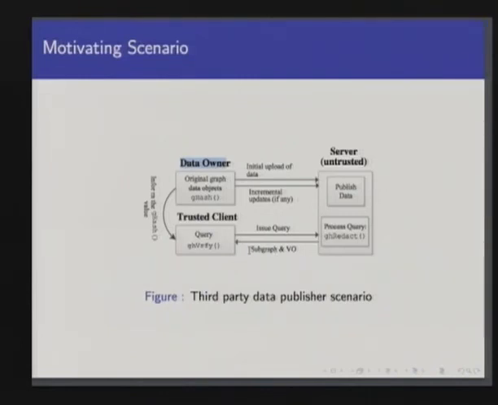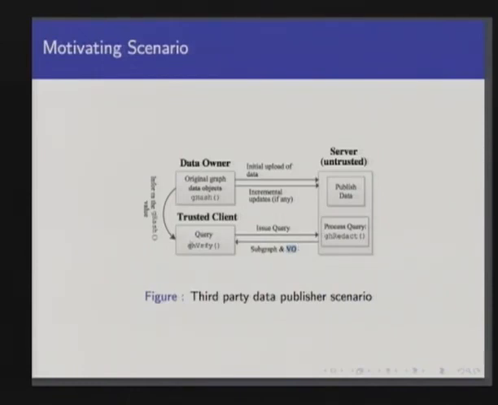So here we can see that this third-party server returns a subgraph and a set of verification objects. When I say verification object, it is a set of vertices and edges which we compute using the redacted subgraph. Redacted subgraph is that part of the graph which is not returned to the user as part of the subquery.